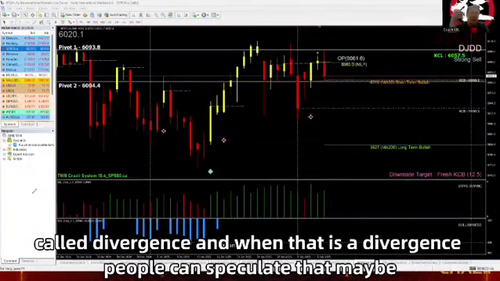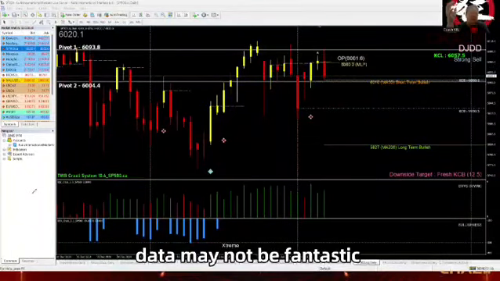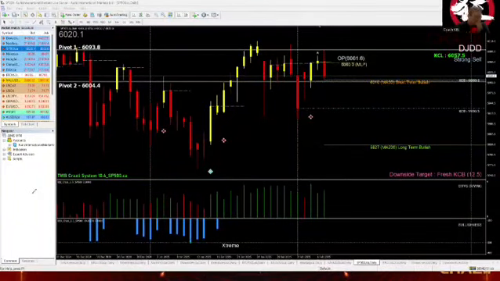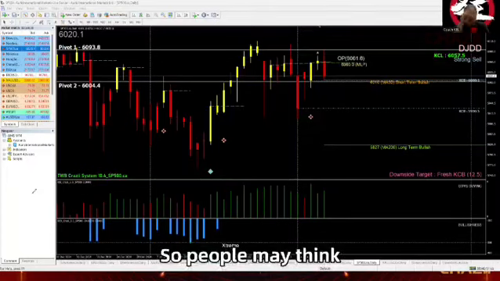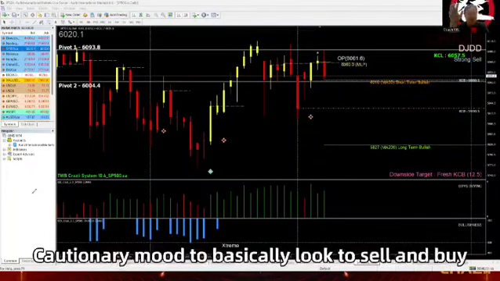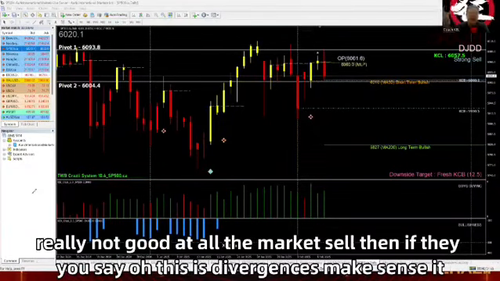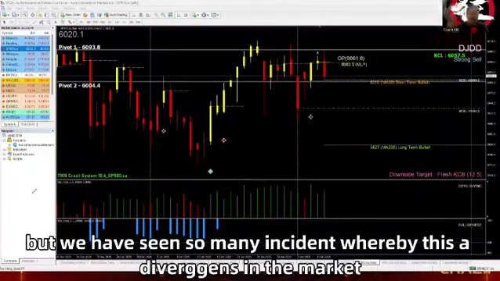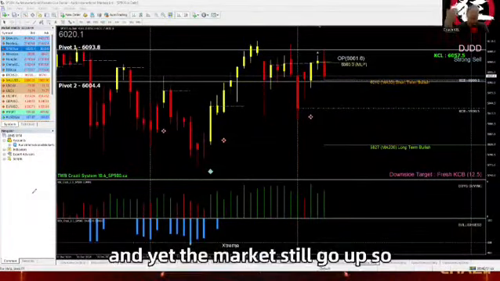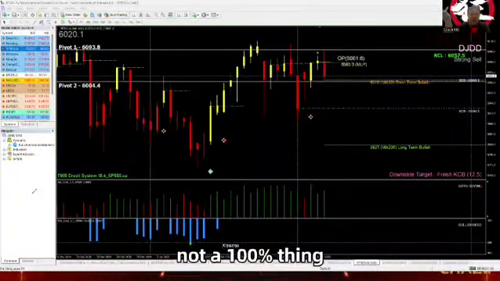And when there is a divergence, people can speculate that maybe Friday's data may not be fantastic. So people may take a cautionary mood to look to sell rather than buy. And then on Friday, the data comes out, it's really not good at all. The market sells. Then you say, oh, this divergence makes sense. But we have seen so many incidents whereby there's a divergence in the market and yet the market still goes up. So it's not a 100% thing.